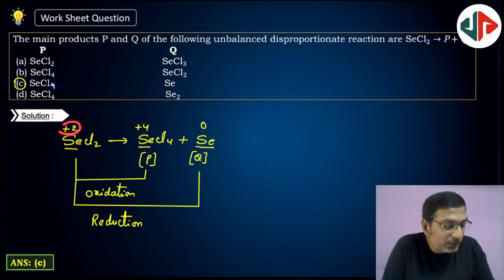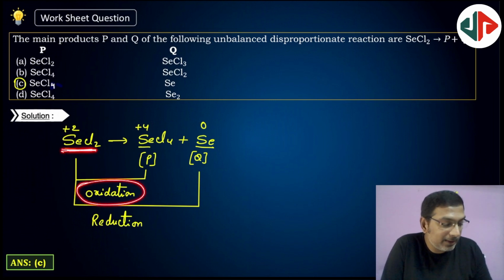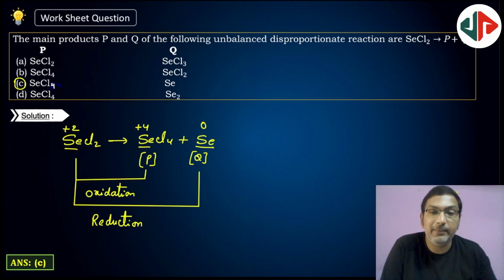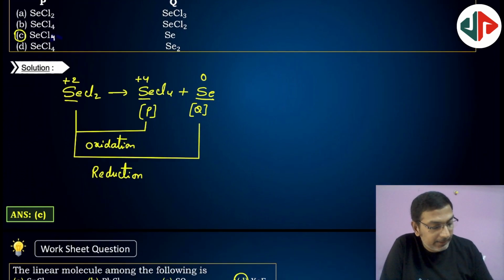So plus 2 to plus 4, which is oxidation, plus 2 to 0, which is reduction. So the same substance undergoes both oxidation and reduction simultaneously. Therefore, this is a disproportionation reaction. So P is SeCl4 tetrachloride and Q is Se, elemental selenium. Option C.